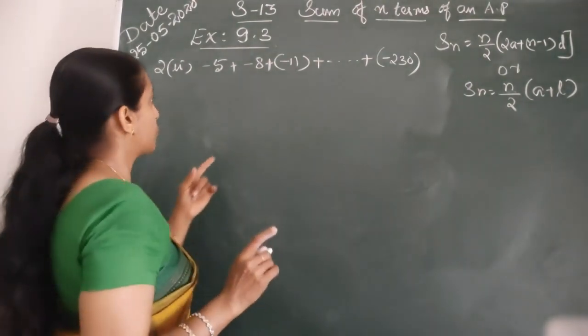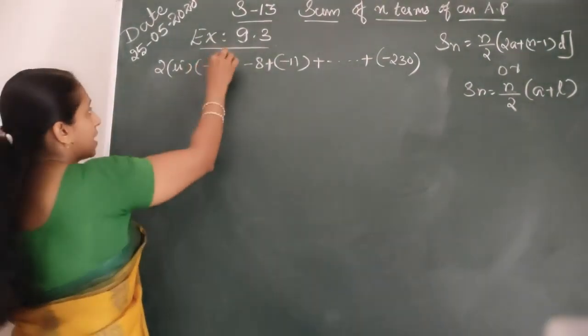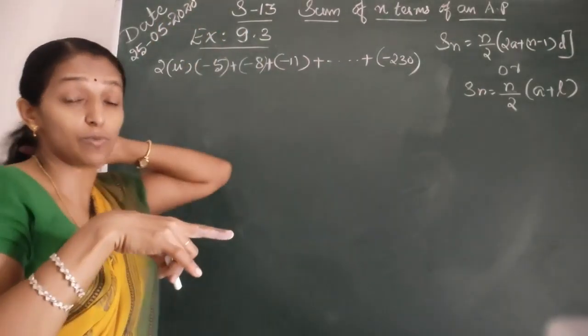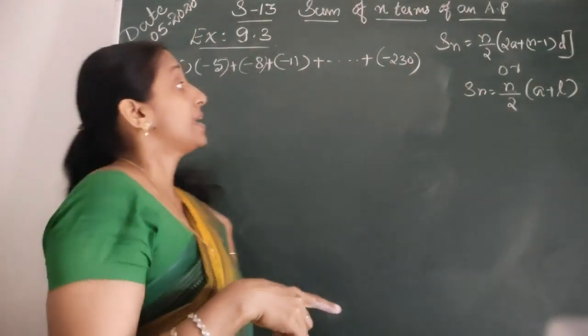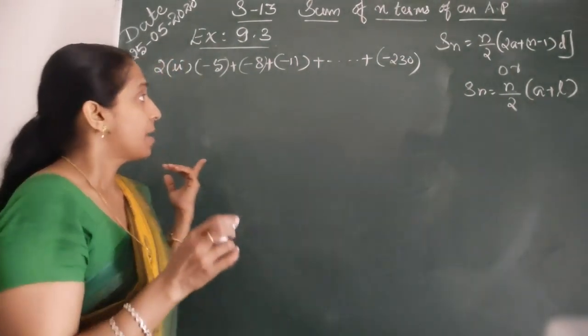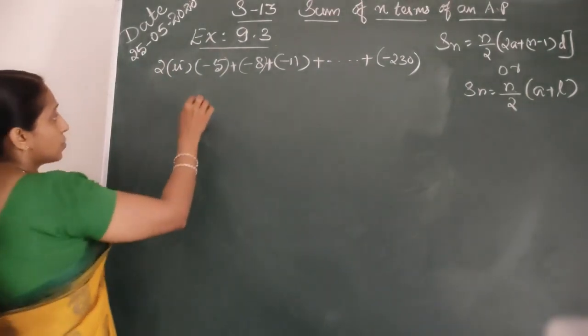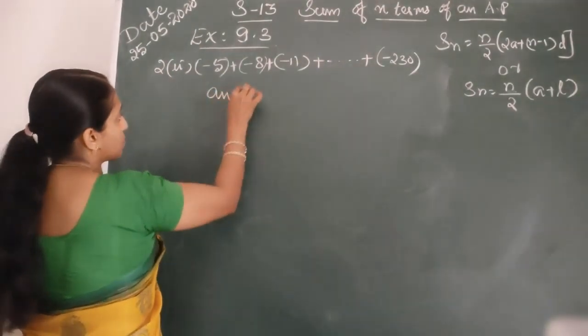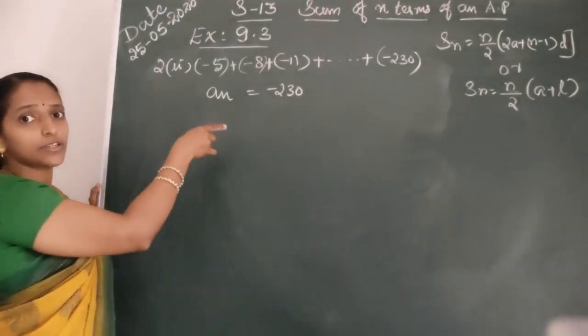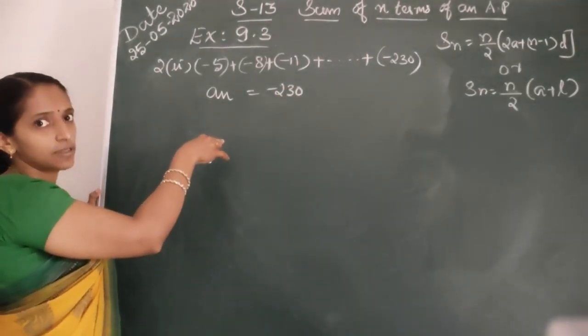So first of all you have to calculate the value of n by substituting in our last class formula, the an value. An is given as minus 230. So an is minus 230. From here you have to calculate n first.